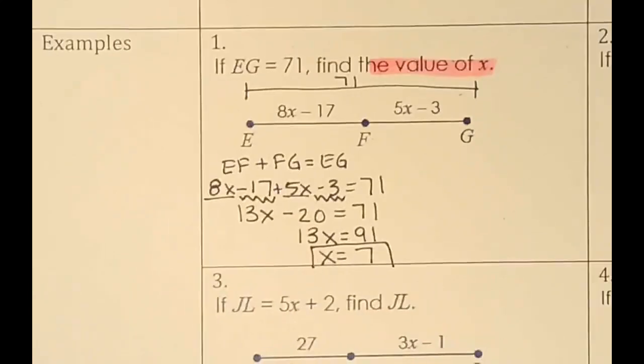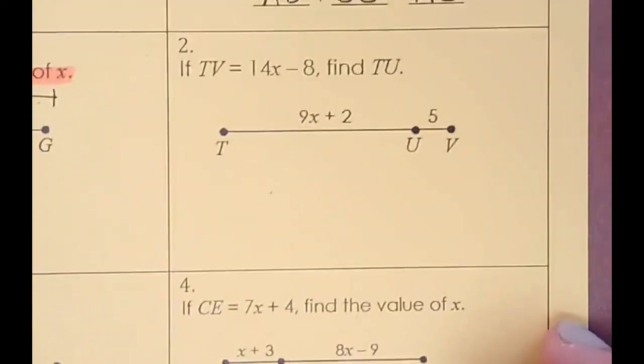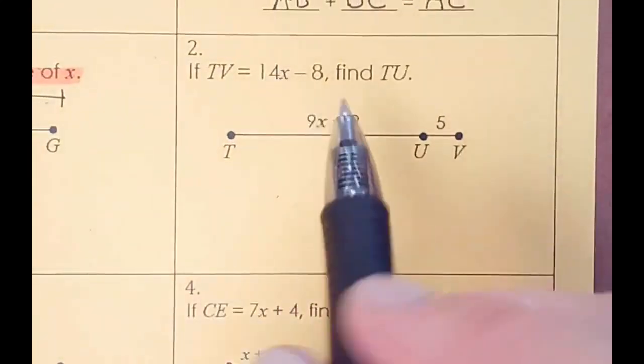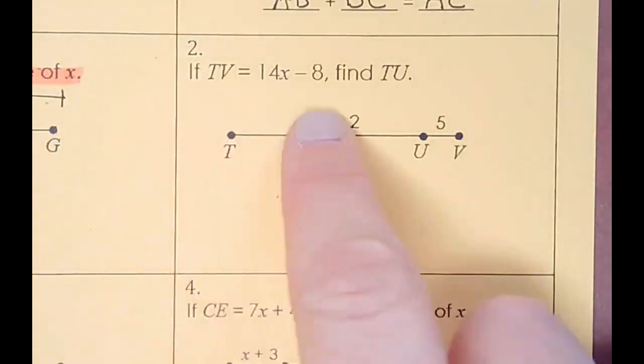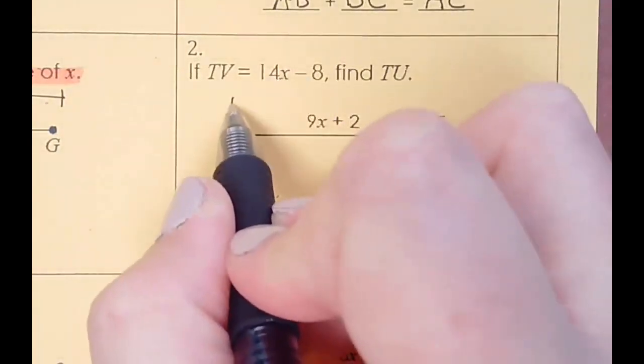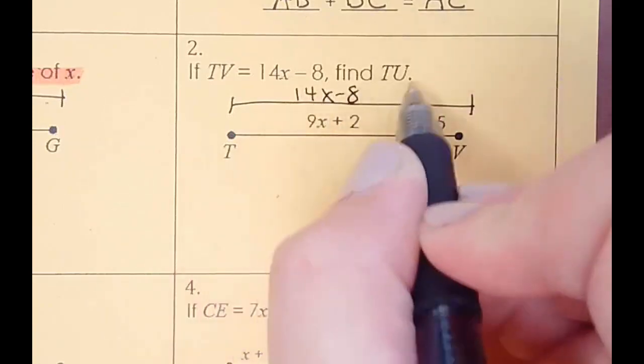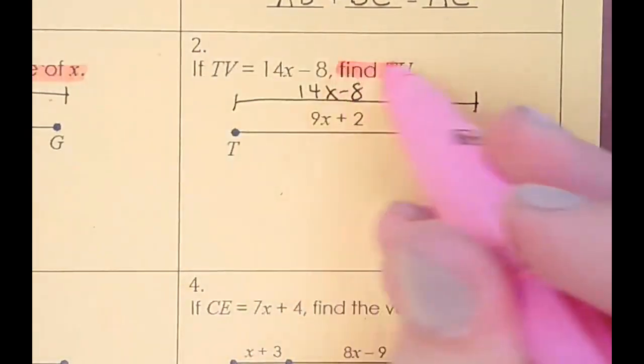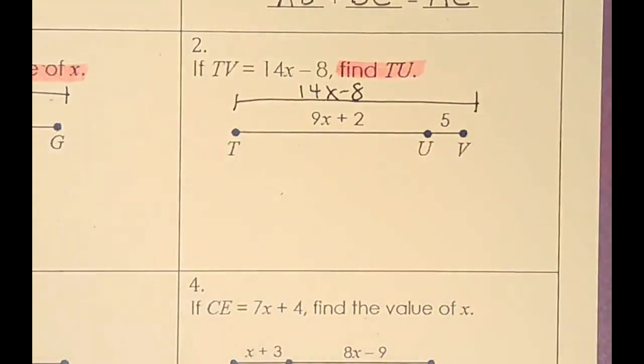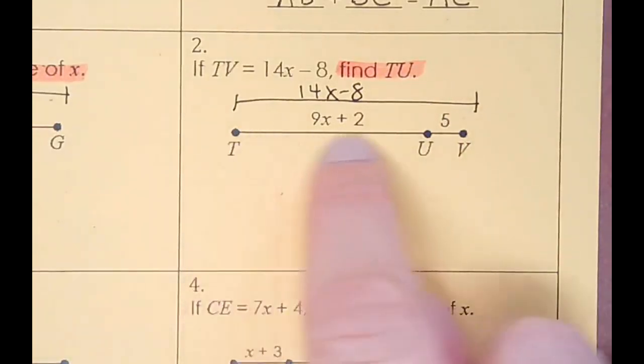Number 2. I'm given that TV, so from T all the way to V, is 14X minus 8. Find TU. So this time, once I find X, I'm going to have to plug it back in to find TU's length.